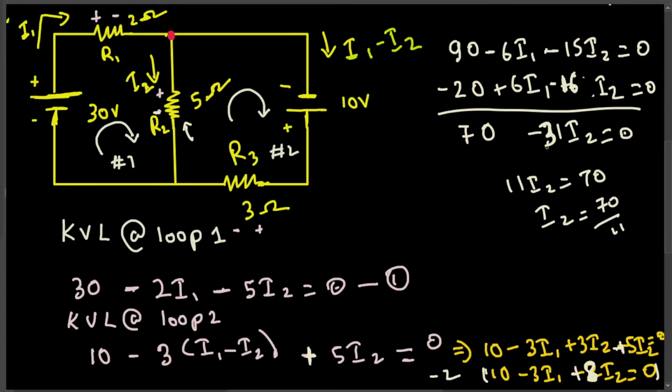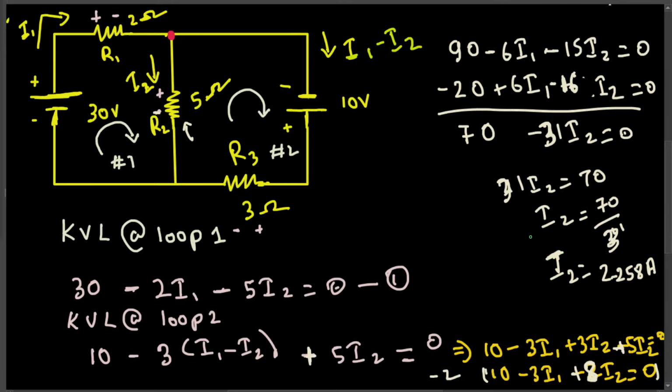So 70 minus 31i2 is equal to 0. Therefore 31i2 is equal to 70, so i2 is equal to 70 divided by 31. Therefore i2 is equivalent to 2.258 ampere.